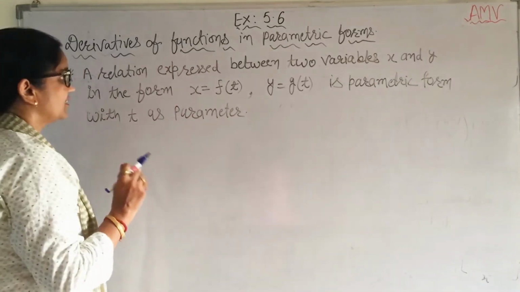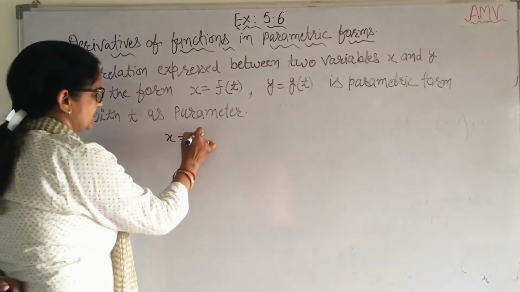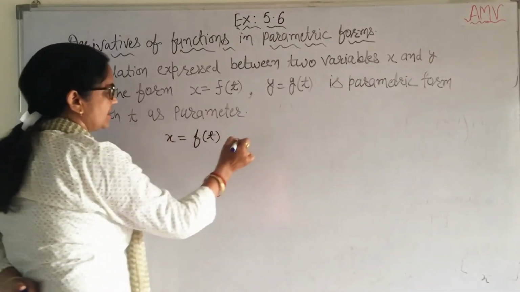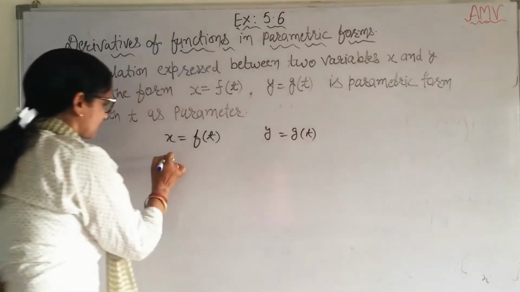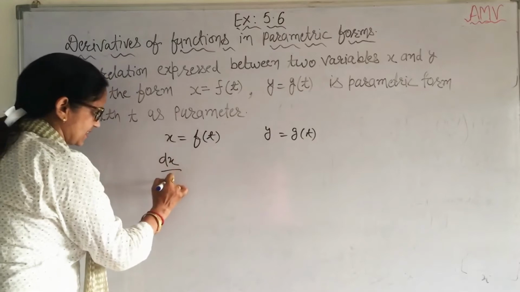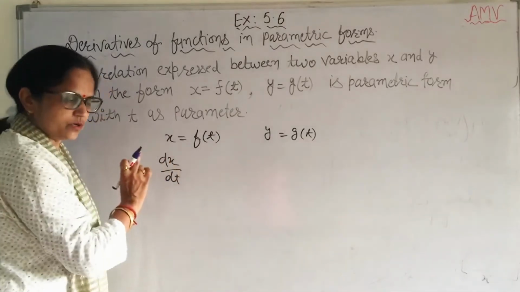And to find the derivative, first, here x is f(t) and y is g(t). So find dx by dt, okay, derivative with respect to t.